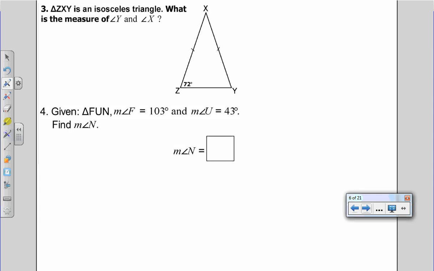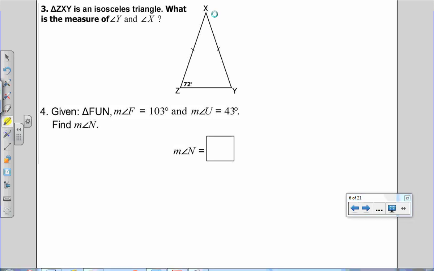Triangle ZXY is an isosceles triangle. What is the measure of angle Y and angle X? So, isosceles triangles, we said we have two congruent sides, and I can see that XZ is marked the same way as XY. Those must be my two congruent sides.